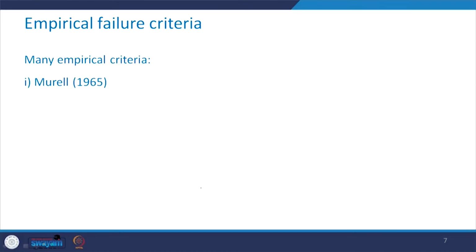Now there are many empirical criteria which are applicable in the case of rocks and rock masses. Once we have learnt the basics of regression analysis, we can go ahead with empirical correlations or empirical failure criteria that are applicable in the case of rocks and rock masses.